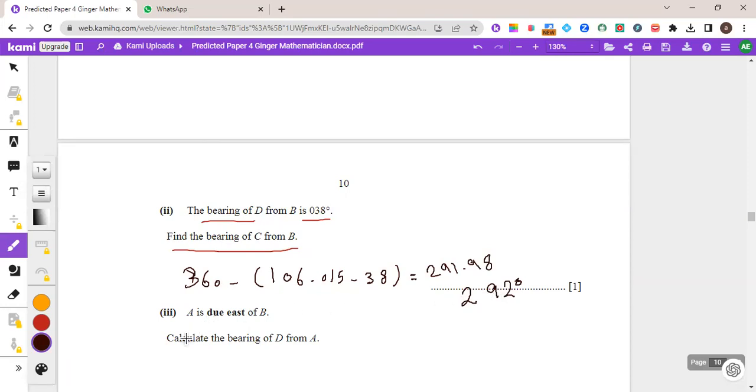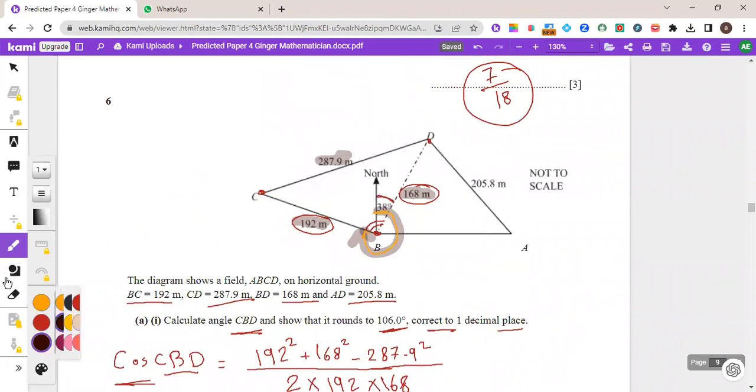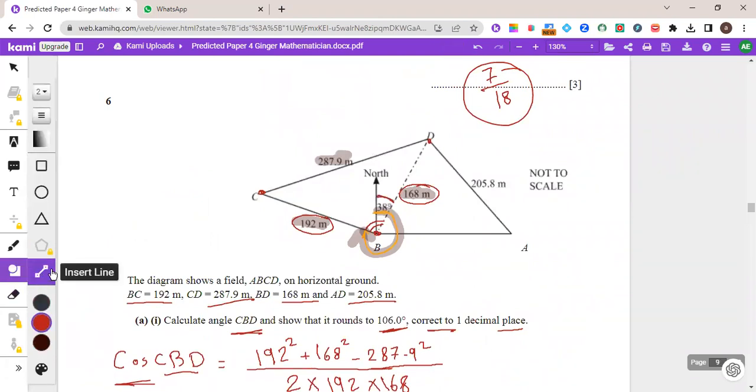Continue, Zena. A is due east of B. Calculate the bearing of D from A. We're going to draw the north on A. Yes, I need to draw the north first. The north is up, so that is the north.